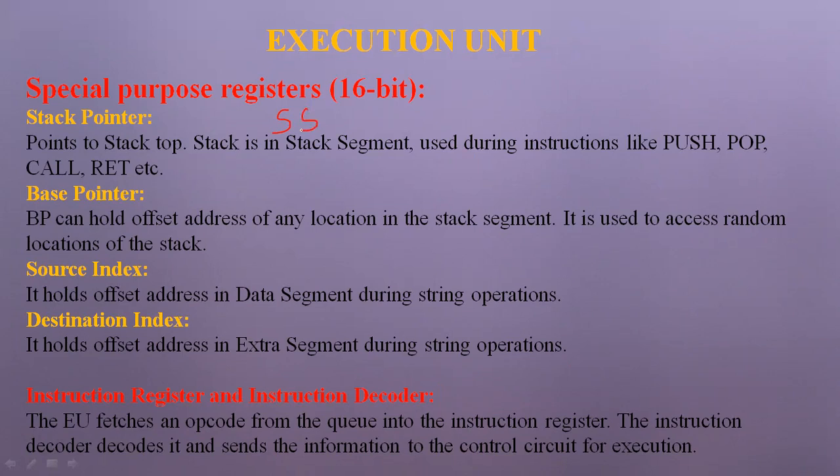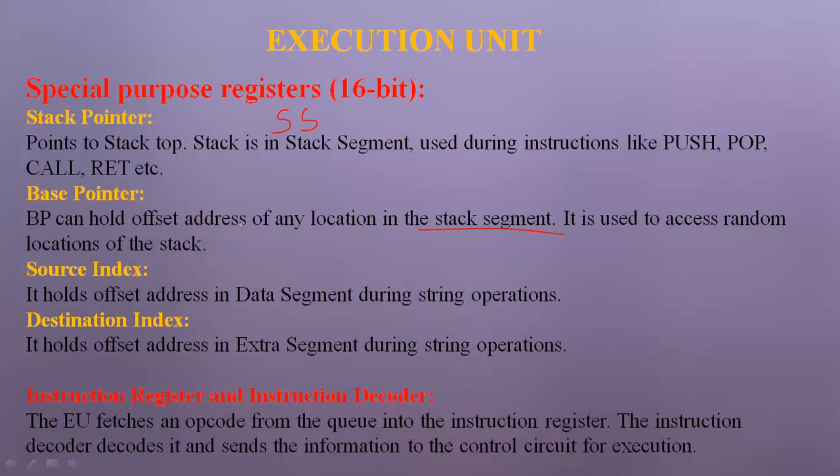We have to push the data, delete the data, call the data, or return the data to the stack segment register with the help of the stack pointer. The base pointer holds the offset address of any location in the stack segment, so it is used to access random locations of the stack.